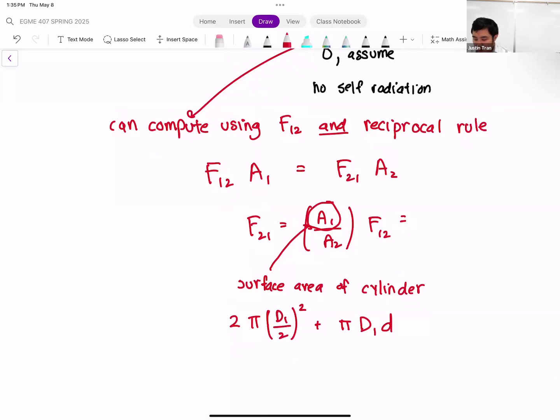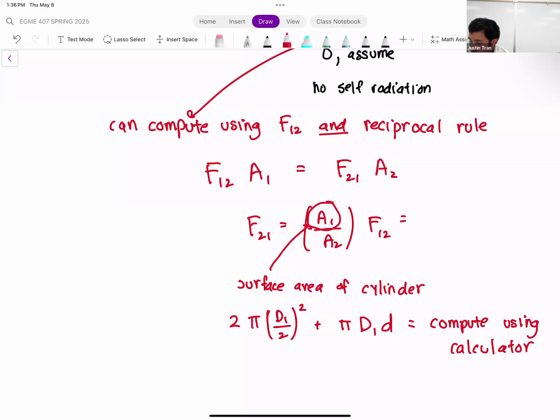I don't have the solution in front of me, and I only have my phone calculator right now, so just assume that you can compute this. Once you have A1, you're given A2, and you're given F12, that means you can compute F21.